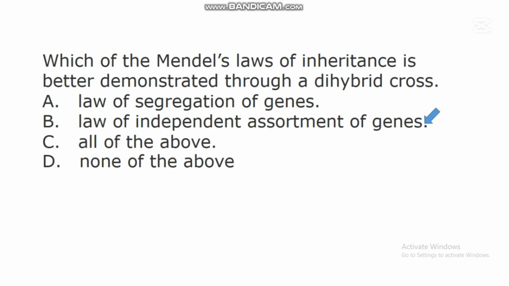This law of independent assortment of genes is one of the laws of Mendel that is better demonstrated through a dihybrid cross. This great scientist called Gregor Mendel came up with this law when he carried out a dihybrid cross and found out that genes have the ability of assorting independently.